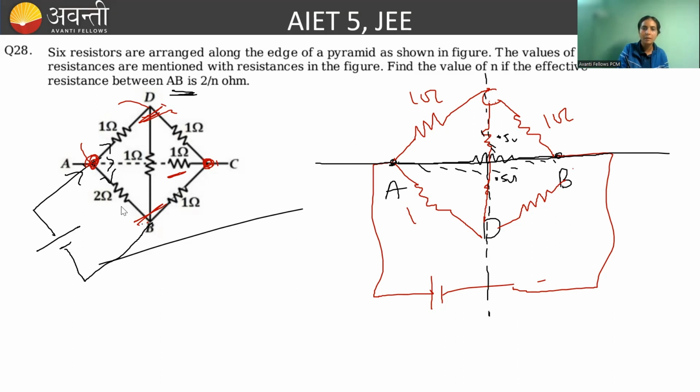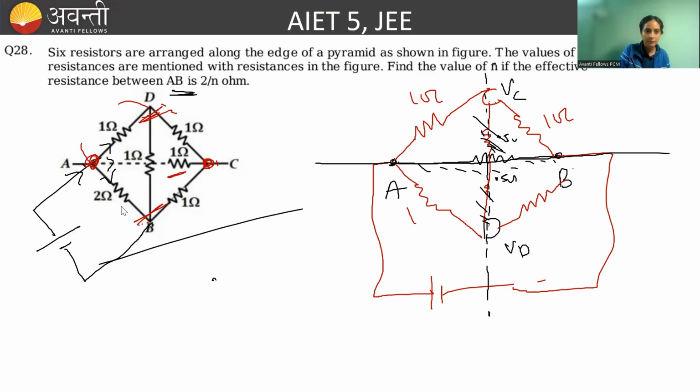Why am I more interested in the vertical line of symmetry? Because for it there are more tricks, and we have studied that whatever points lie on the vertical line of symmetry have the same potential. So potential of C and potential of D are the same. And if C and D have the same potential, no current will flow through this arm. So this arm we need to remove from the circuit.